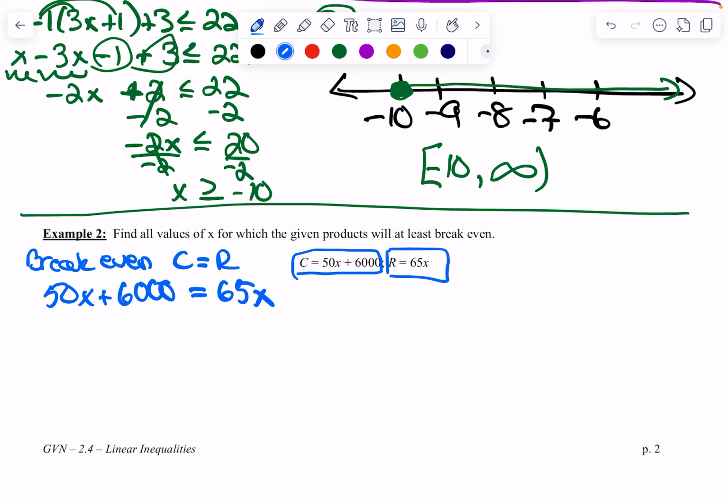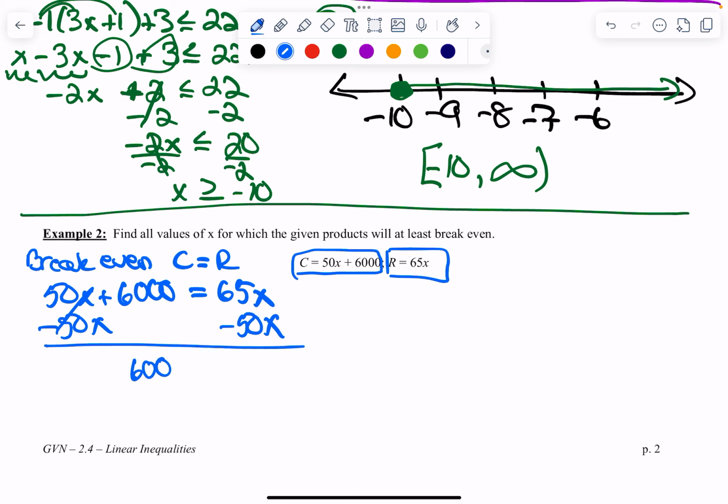Now, again, same thing. We want to isolate the x. And now, usually we move everything to the left. Right now, I'm looking at 50x being smaller than the 65x, so without having to deal with negative numbers, I'm just going to actually move the x's to the right.